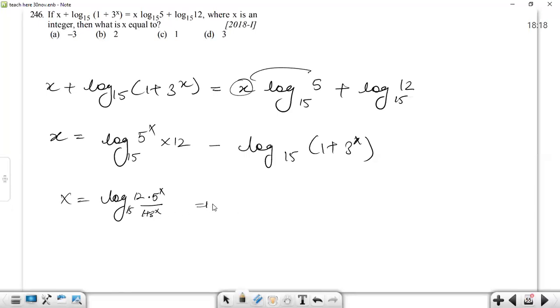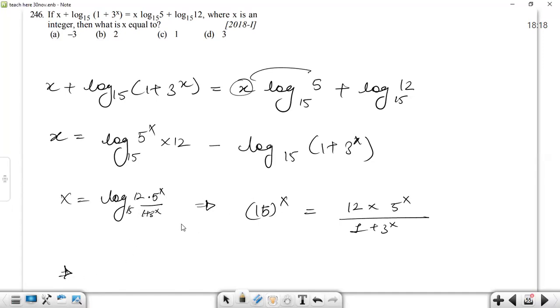Now what we can do is write x as, after simplifying, 15 raised to power x is 12 multiplied by 5 raised to power x divided by 1 plus 3 raised to power x. Clear? How have I written this?